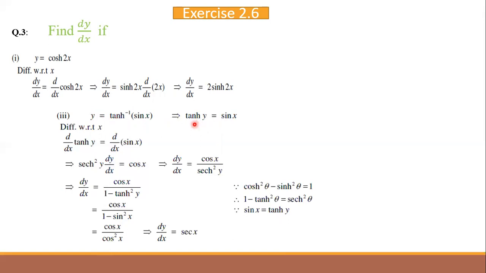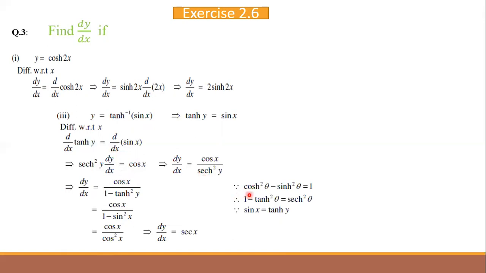Now differentiate this equation with respect to x: the derivative of tanh y is sech square y into the derivative of the angle, that is dy by dx, and the derivative of sin x with respect to x is cos x. And when sech square y goes to the right hand side, it comes in the form of a denominator.